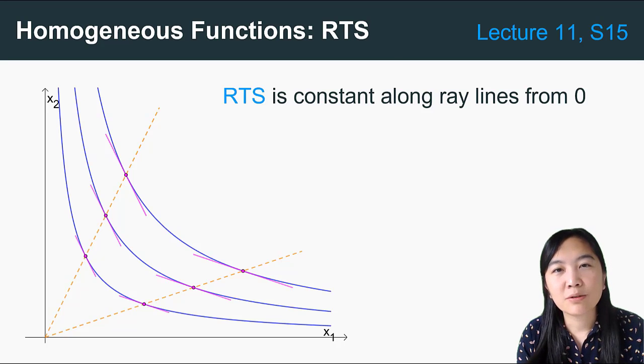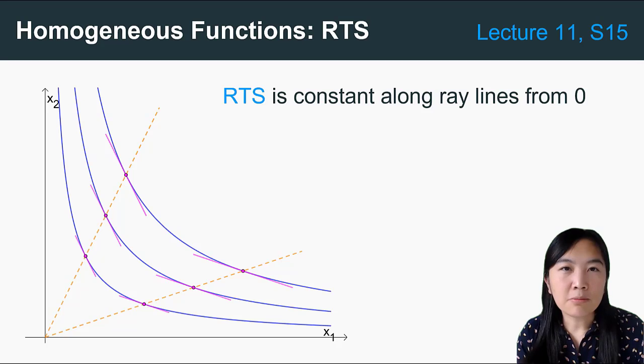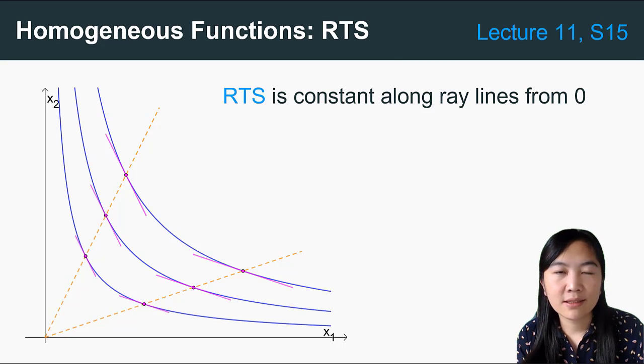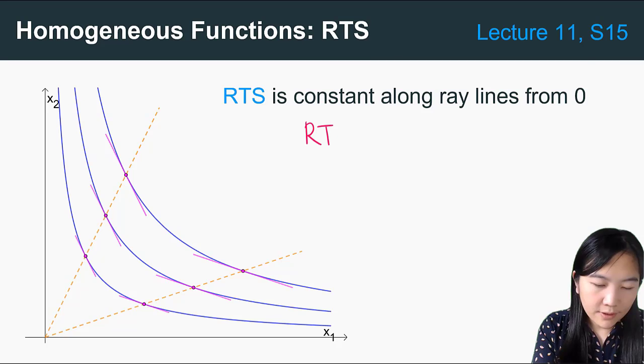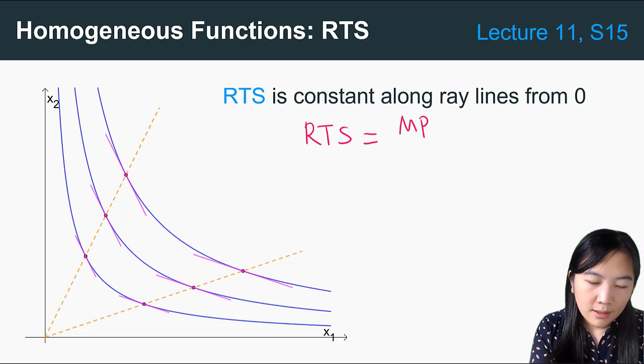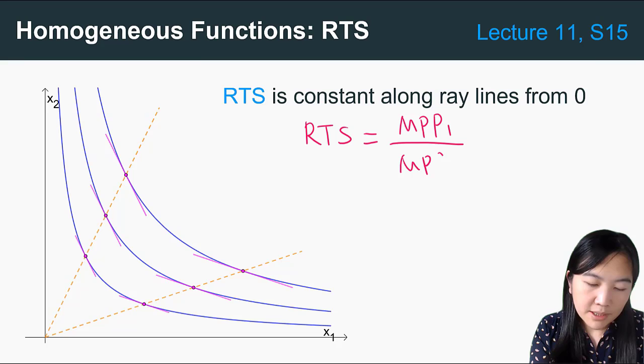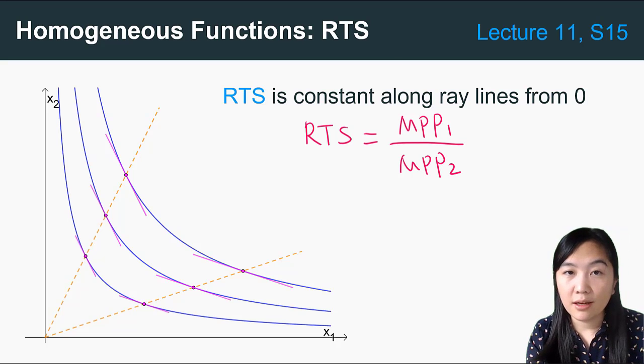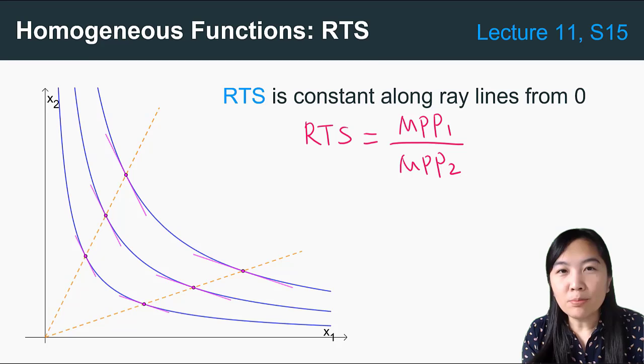But before that, we need to go back to our lecture 11, where we mentioned there is a nice property of homogeneous functions, which is that the RTS, rate of technical substitution, along a ray line is constant. RTS, if you do remember, is the ratio of the MPPs, and it is also the slope of your isoquant curves.